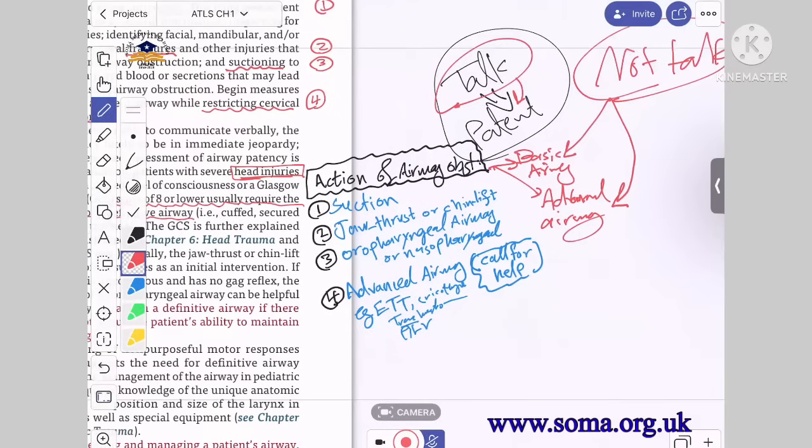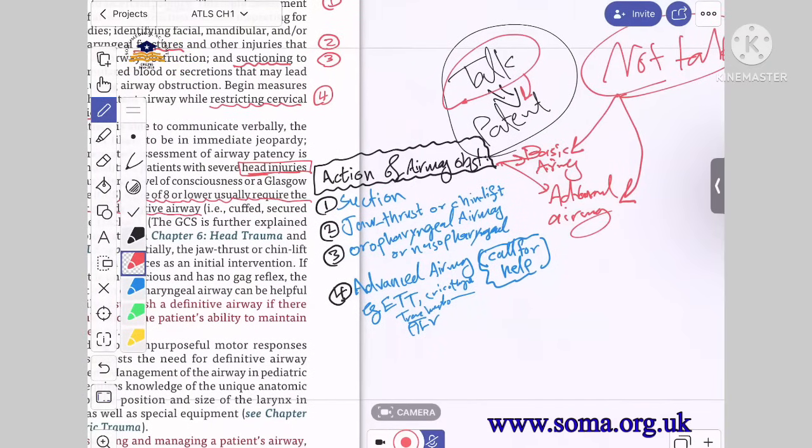So here, I just make an action. If you have a patient with an airway problem, the first thing is to suction the mouth of that patient, and then try to do jaw thrust or chin lift, and then try to put an oropharyngeal airway or nasopharyngeal airway.